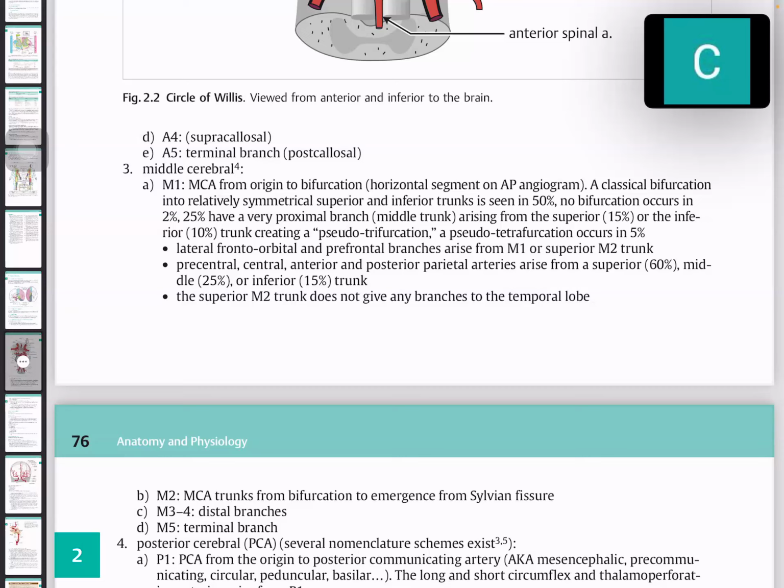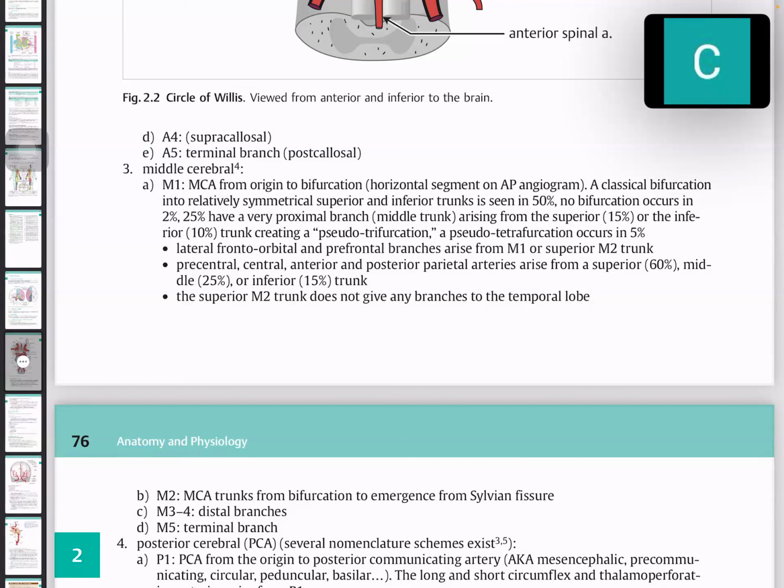So let's talk about the middle cerebral artery. The middle cerebral artery represents the largest termination of the internal carotid artery, and it is classified into 5 segments, though some remain at 4 or 5 different segments, depending on the classification that you use.